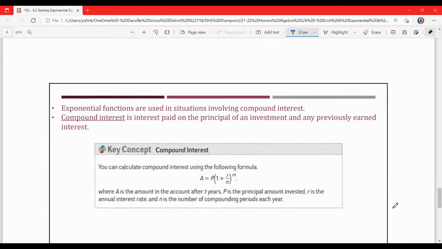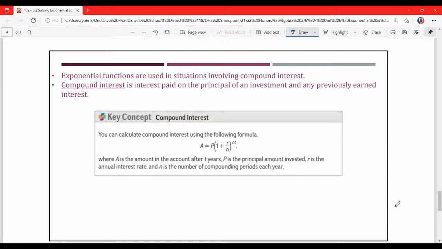All right, here's another idea in word problems with exponential functions, something called compound interest. Compound interest is interest paid on the principal of an investment and any previously earned interest. When you're investing money, you can put money into an account that earns simple interest, which means once a year they give you some extra money that you've earned in interest.